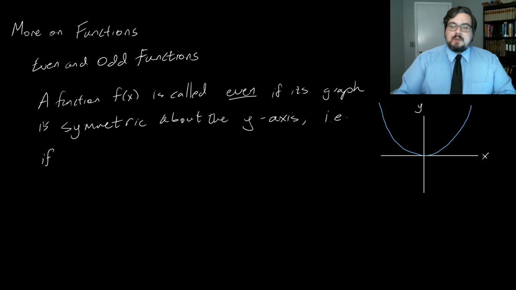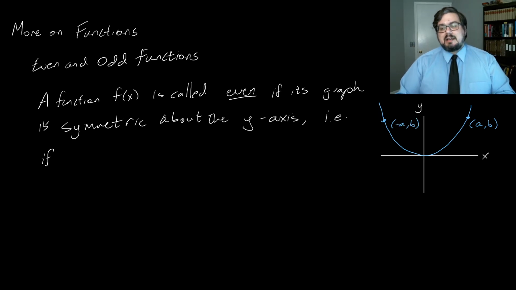And one of the ways that we can describe this is by looking at points that lie on the graph. If the point a comma b lies on the graph of a function, and the graph of that function is symmetric around the y-axis, then that means that the point negative a comma b has to be on the graph also.